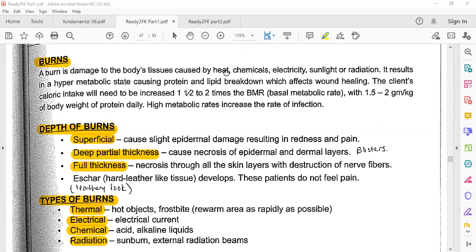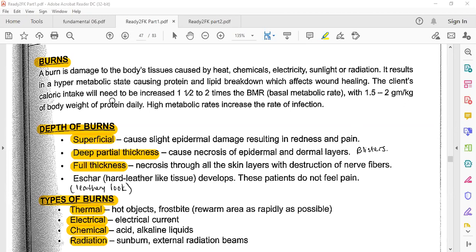So these are the causes of burn, right? According to the cause of burn, we categorize burns as thermal, electrical, chemical, and radiation. We will come to them one by one.